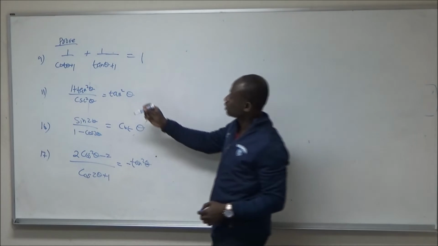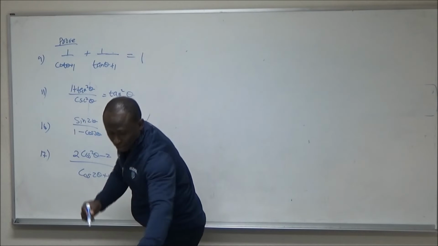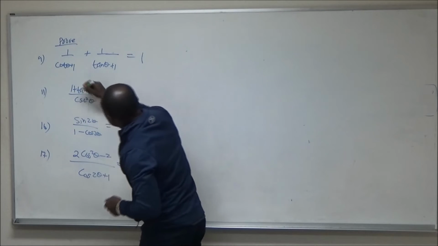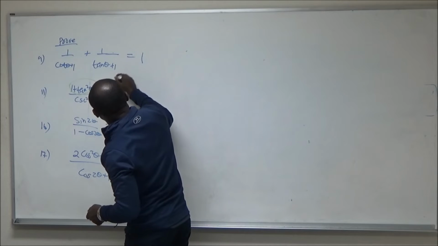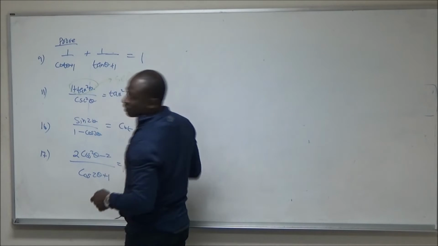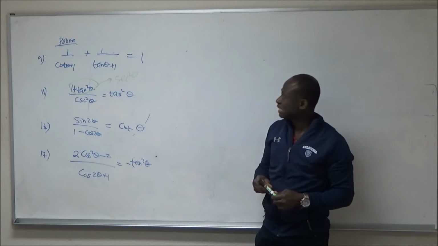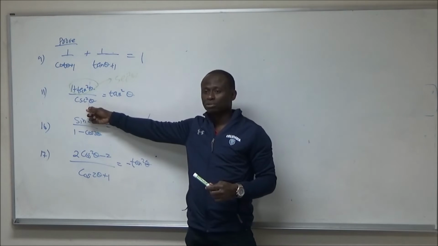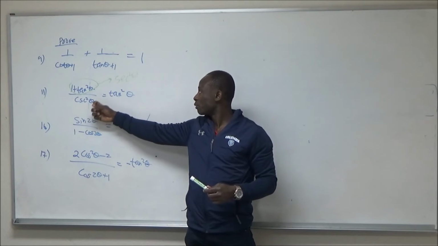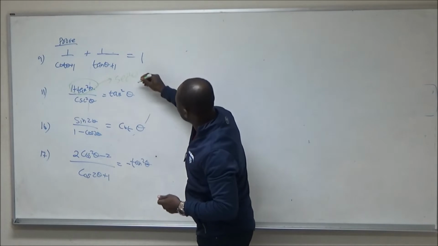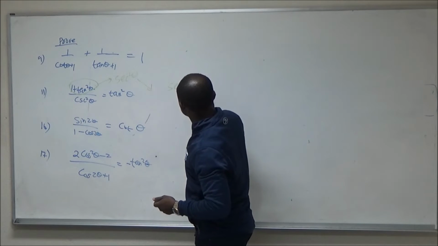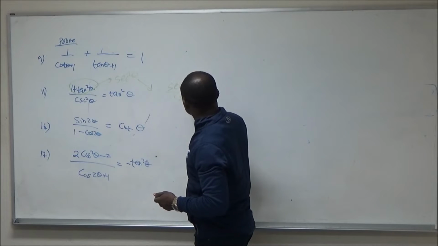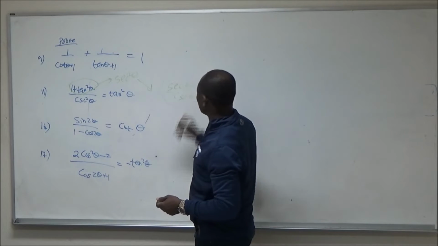So the key to solving this problem is knowing what this stands for. This is the same as secant squared theta. Once you get that, this problem becomes doable, right? I would just say, depending on the student, some students will say change it to secant theta over cosecant theta, all squared if you want.